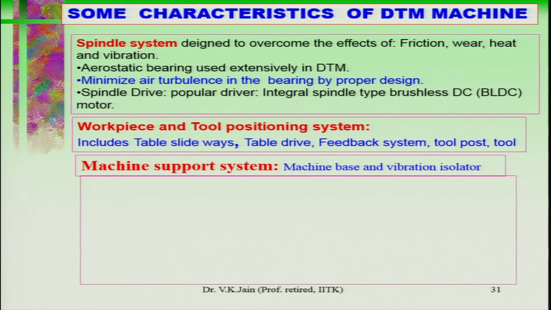Machine support systems are there, machine base and vibration insulator, both of them are going to affect the vibration generated during machining. The machine base should be strong enough and it should have vibration insulators, so that vibrations do not generate and they do not affect the quality of the machined component.